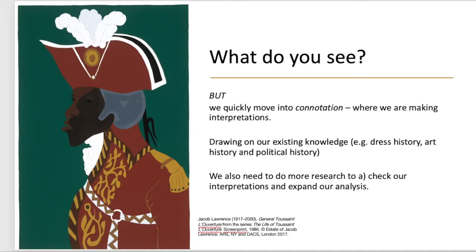For example, I am not an expert on military uniforms, so I would need to research that a bit more to be able to say more about this particular image. And we also need to do some more research to check our interpretation and expand our analysis. So in this interpretation, we need to apply our knowledge, so our knowledge of dress history, art history.